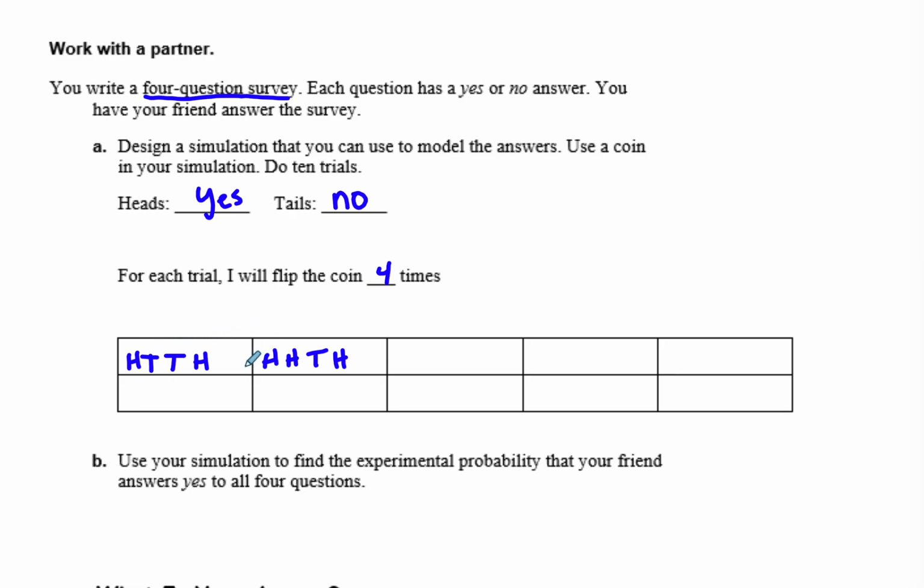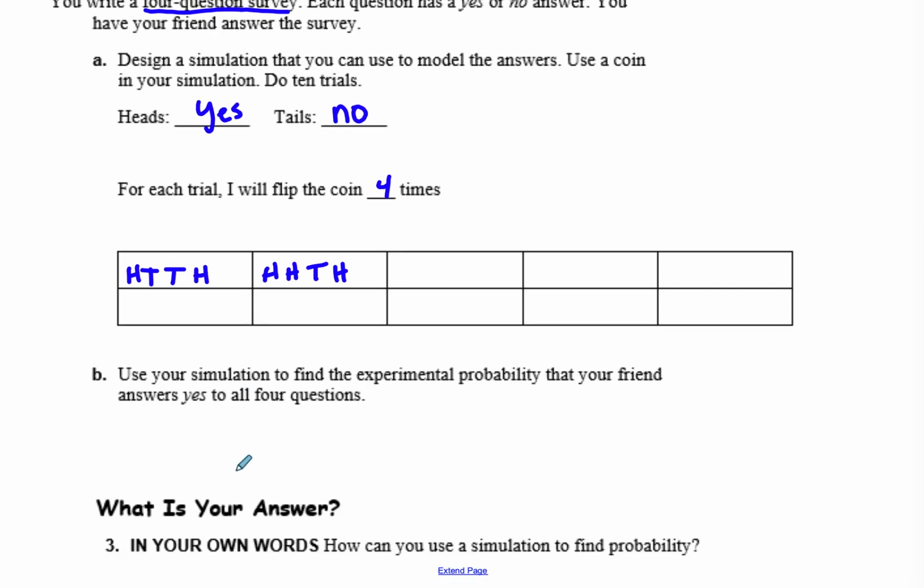So right now, if I was going to do my experimental probability based on this, I would say it's 0 out of 2 that I've gotten all heads. But you're going to do it 10 times, and you're going to see how many times you get all 4 being heads. Okay, so go ahead and pause the video and conduct your simulation, and then answer question B when you're done. Go ahead and pause the video and try your simulation.